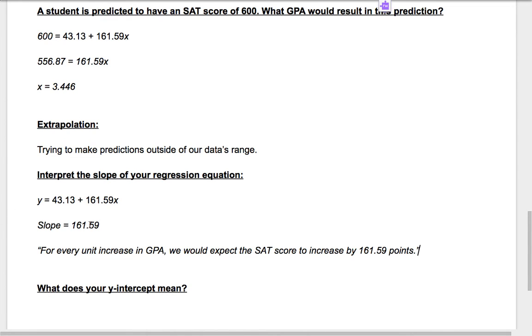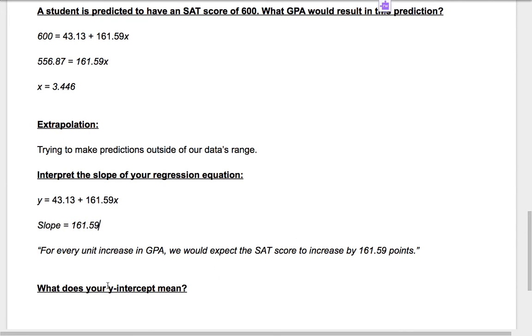When I go over 1, I'm increasing the GPA by 1. So every unit increase in GPA, like from a 3.0 to a 4.0 or a 2.0 to a 3.0, every time I go up by a whole unit in GPA, the SAT score is expected to go up by this much as well.